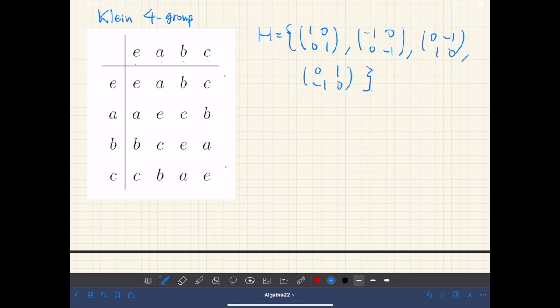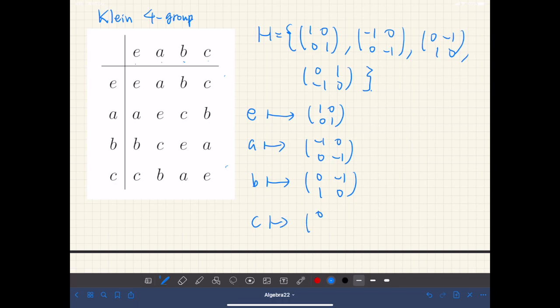So we define a mapping, so E corresponds to [1, 0; 0, 1], and A corresponds to [-1, 0; 0, -1], and B corresponds to [0, -1; 1, 0], and C corresponds to [0, 1; -1, 0].